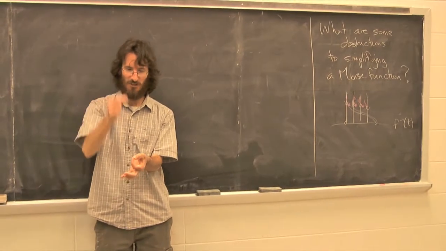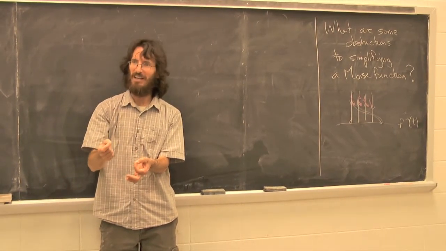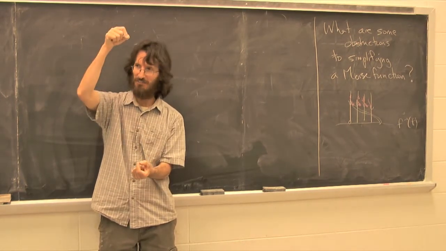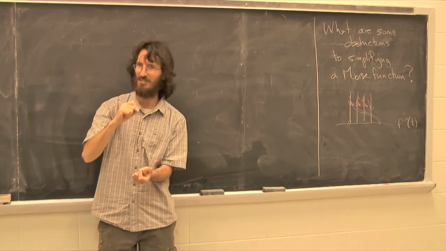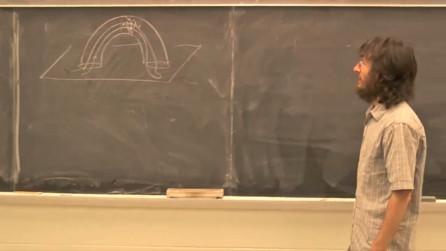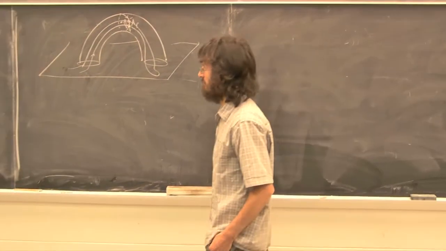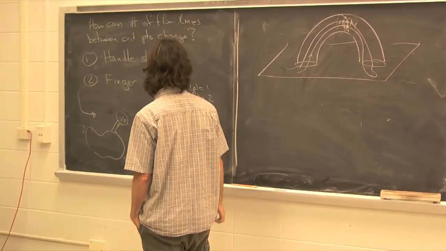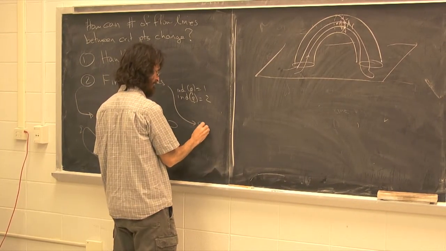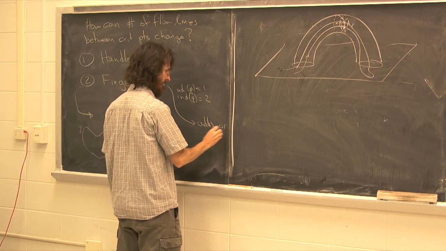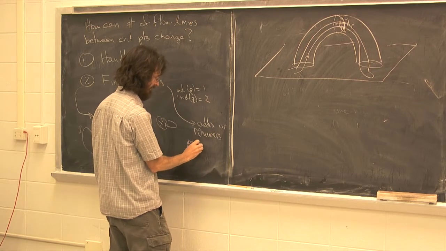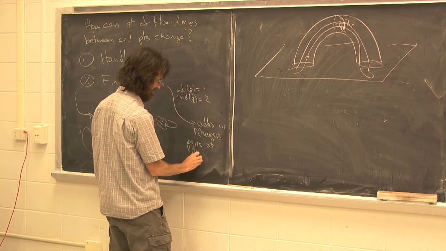I'm interested in canceling 2 critical points, but along the way, I want to cancel flow lines between critical points to reduce to the point where I have a single flow line. And that cancellation of critical points is cancellation of flow lines. Now, what the finger move does somehow adds or removes pairs of flow lines.